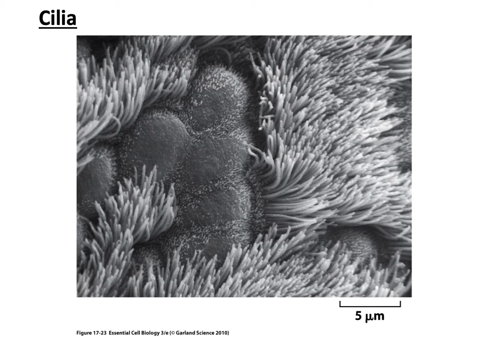This is a scanning electron micrograph showing the cilia on the surface of some epithelial cells in the gut, and you can see that these things actually wave.